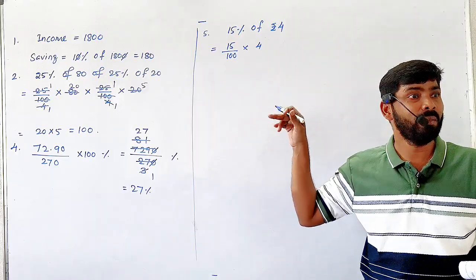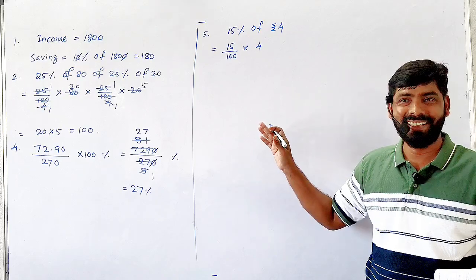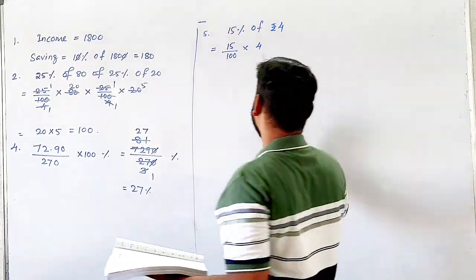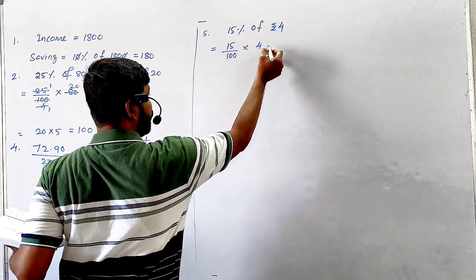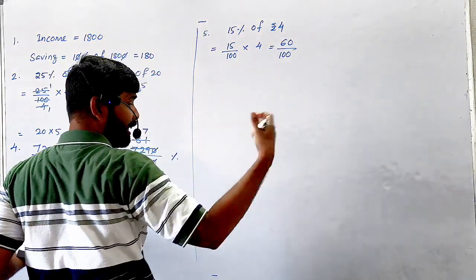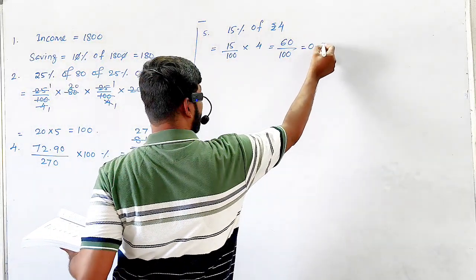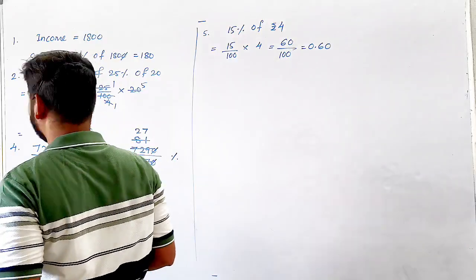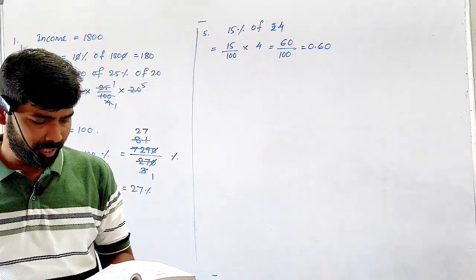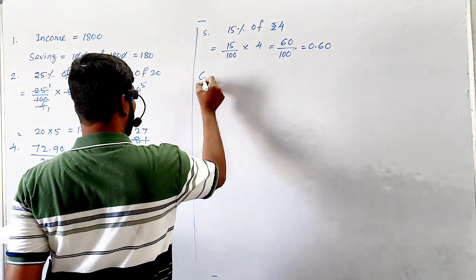So here, no need to cancel. 15 into 4, 60 by 100. 60 by 100 convert into decimal. 0.60 is your answer. It will be that easy. 0.60. Got it?